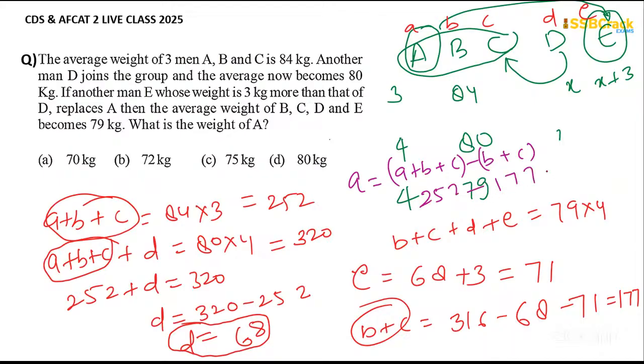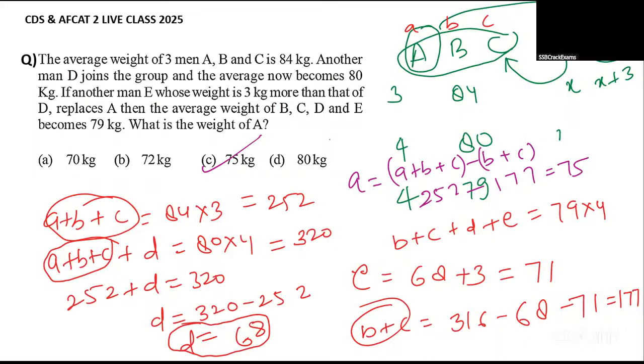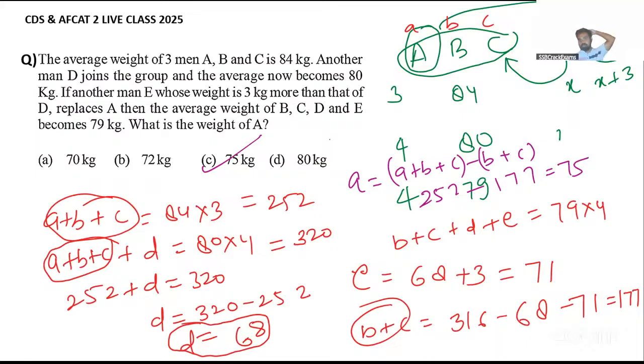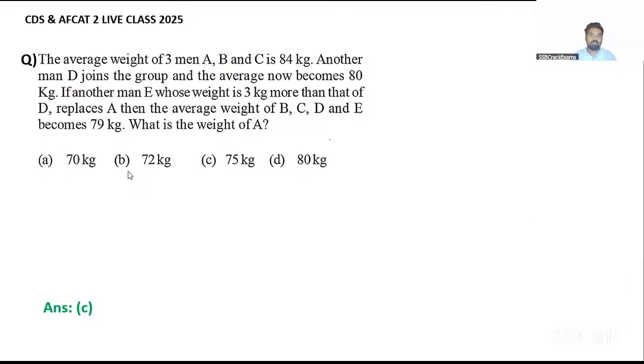It will give us 75. So this was a very easy question. We just have to add and multiply, and we got the answer. So option C is correct.